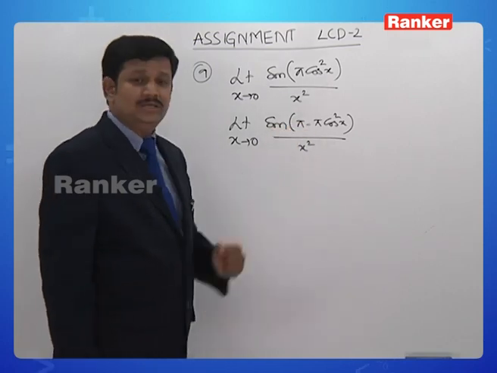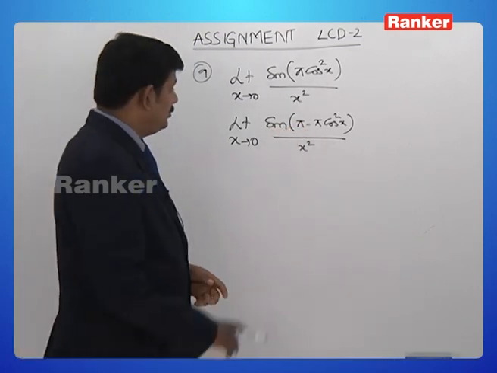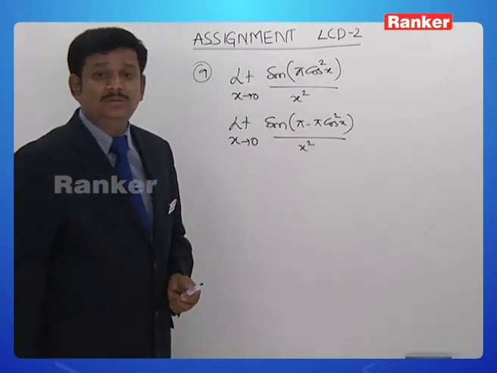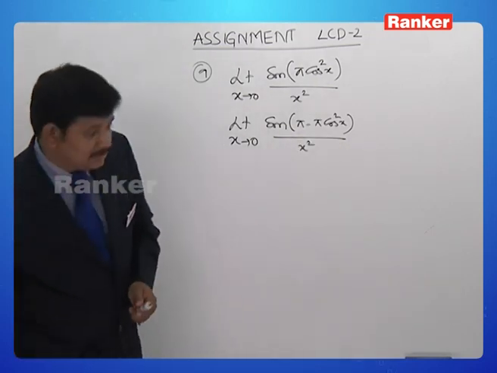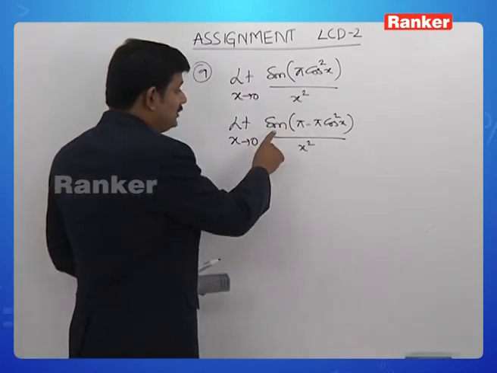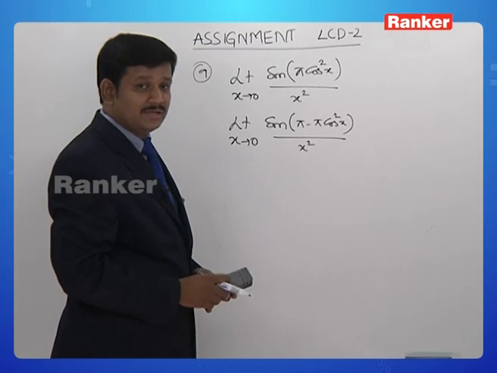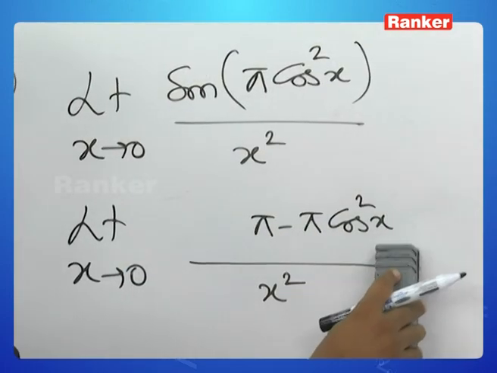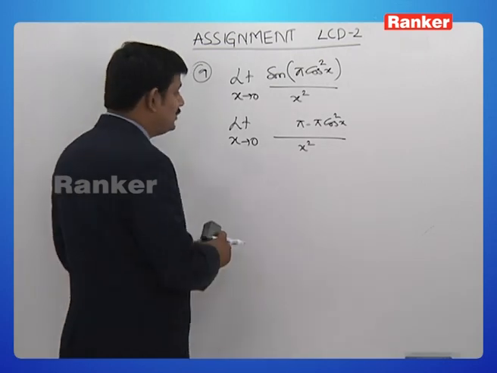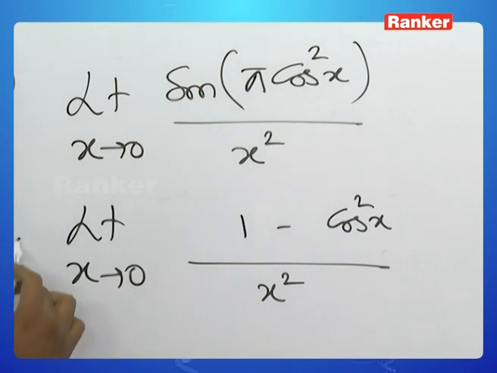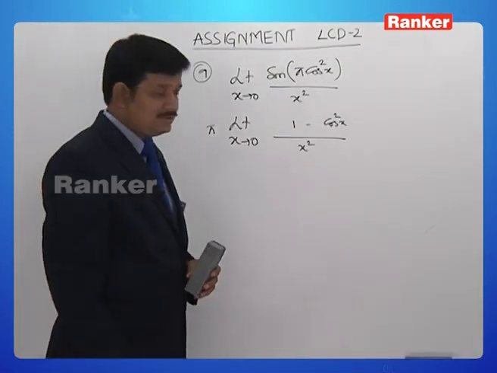Sin of any number tending to 0 can be equivalently written as that number, sin x is equivalent to x. So as pi minus pi cos square x is tending to 0, we can replace sin of pi minus pi cos square x by simple pi minus pi cos square x. And we can also take this pi common, because it is a non-zero finite number, we can write it outside the limit.